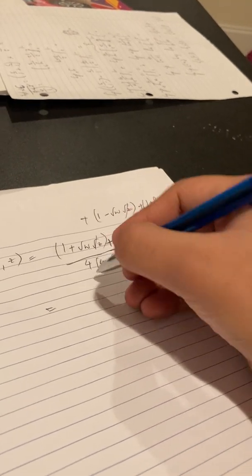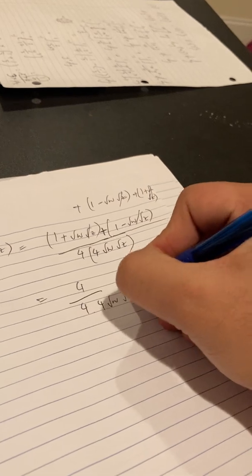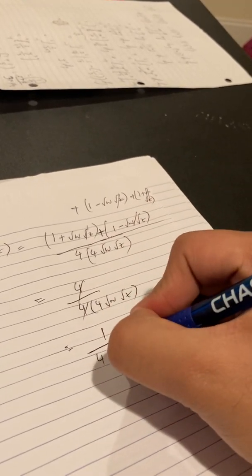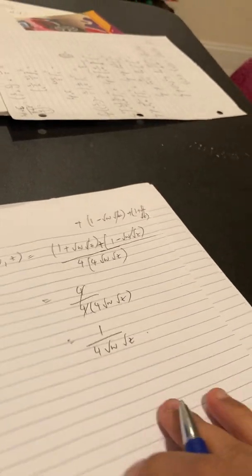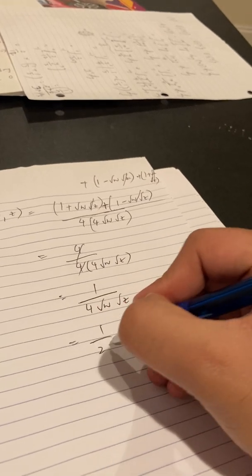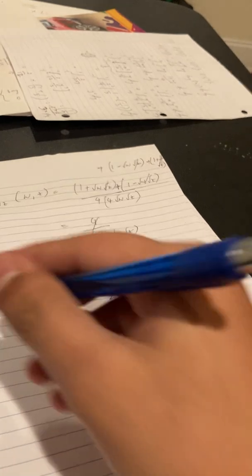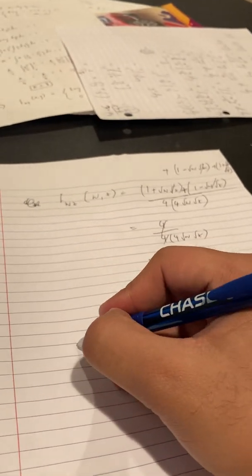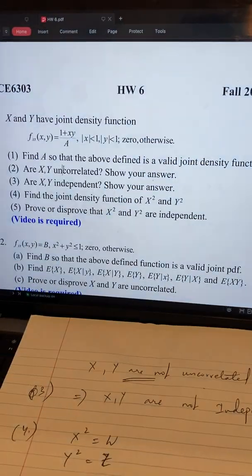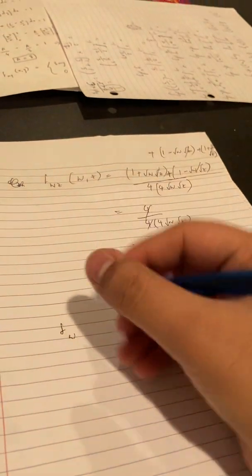So it's basically 4 by 4 root w root z. So 4 and 4 cancel, so this is 1 by 4 root w root z. So I can write as 1 by 2 root w into 1 by 2 root z. So in this way I've calculated the joint density function of x square and y square.